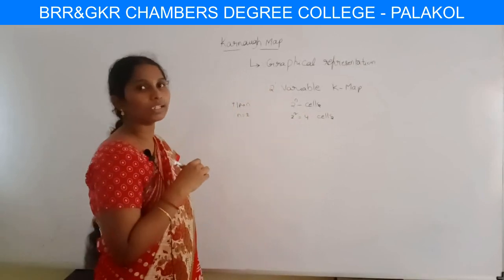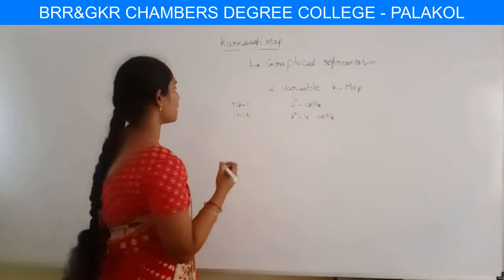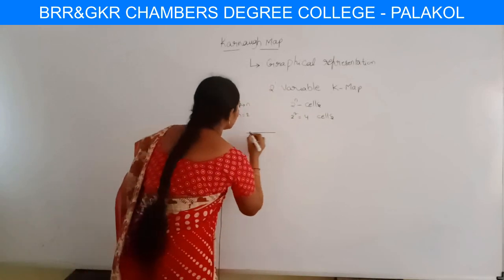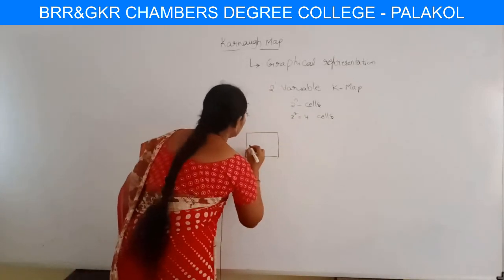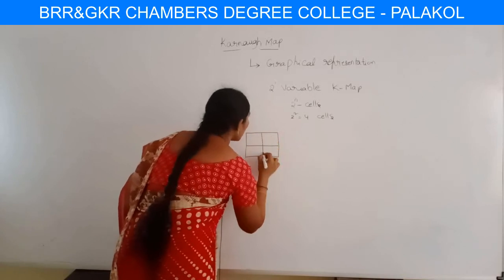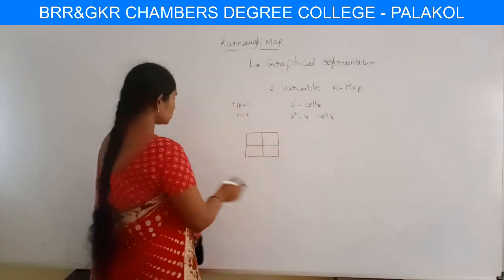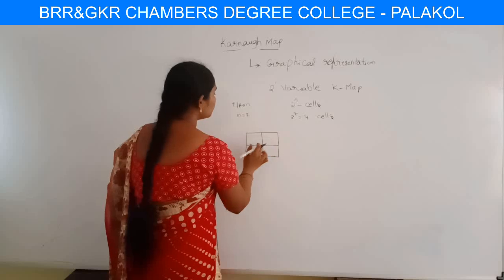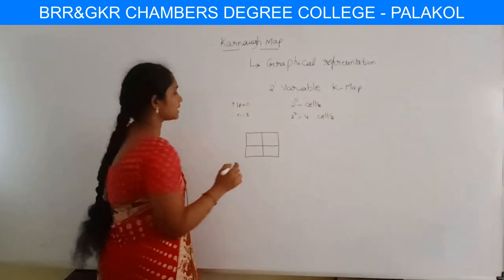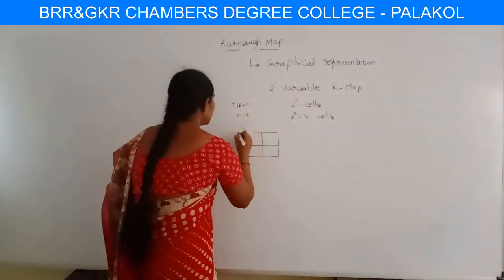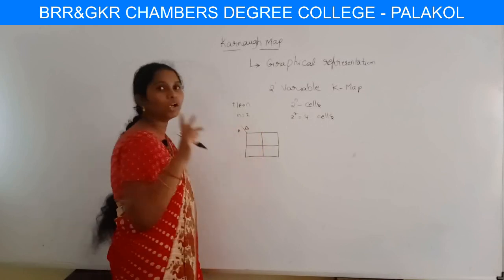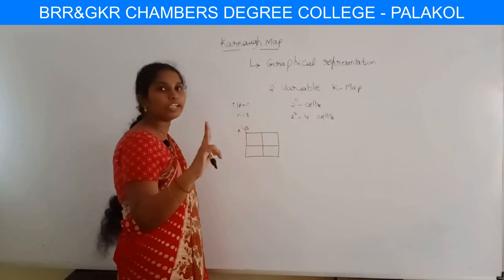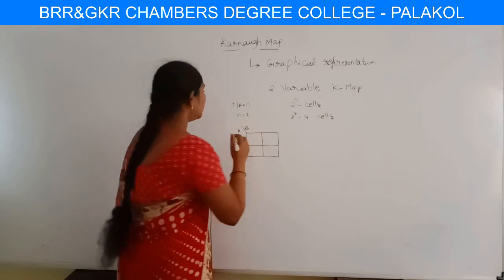So how to draw the 2 variable K-map? Here this is the 2 variable K-map. In this, 4 cells are there: 1, 2, 3, 4 cells. Here this is A and this is B. We consider only 2 variables, that is 2 inputs.